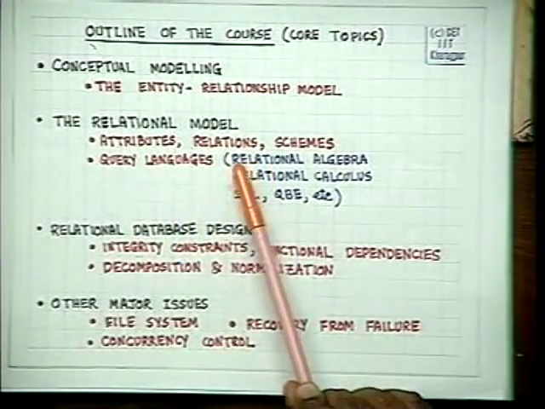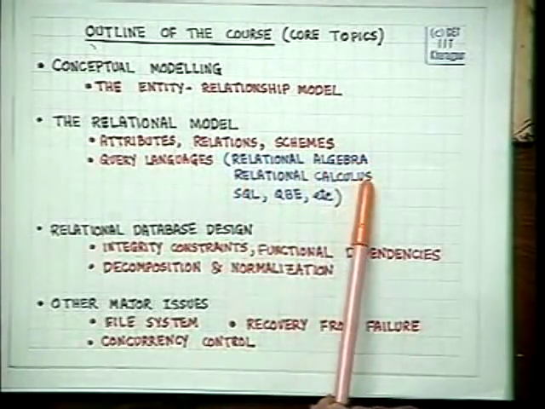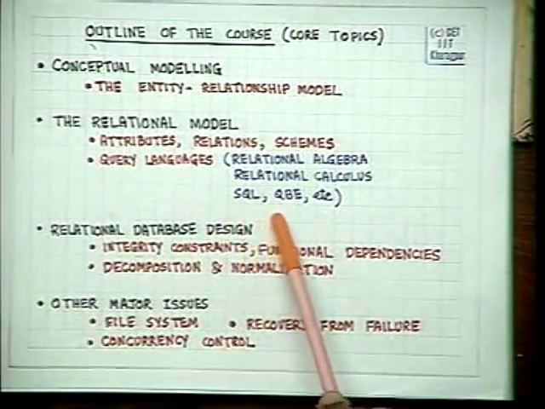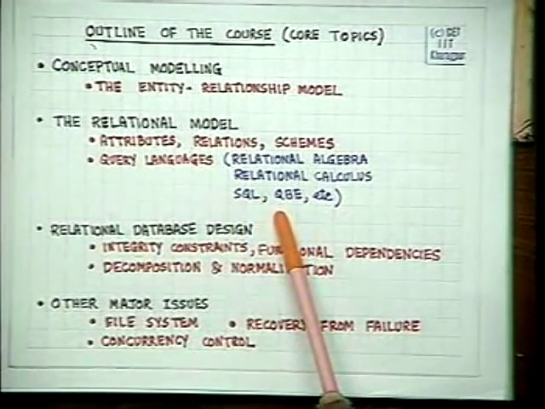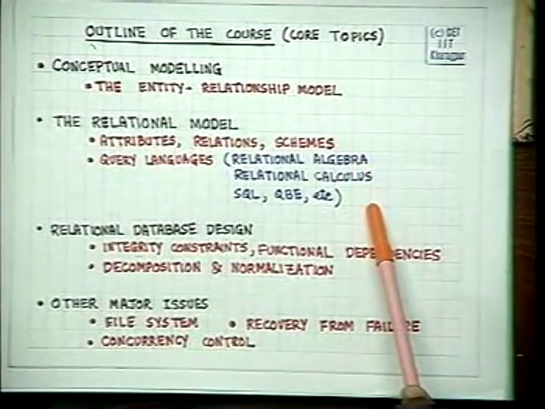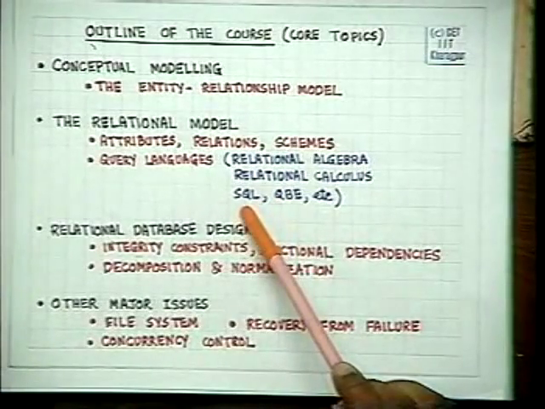And among these query languages, we will discuss relational algebra, relational calculus. We will also quickly go through some commercial languages like SQL and QBE. We will go through the network model in brief, but we will discuss the relational model in more details.